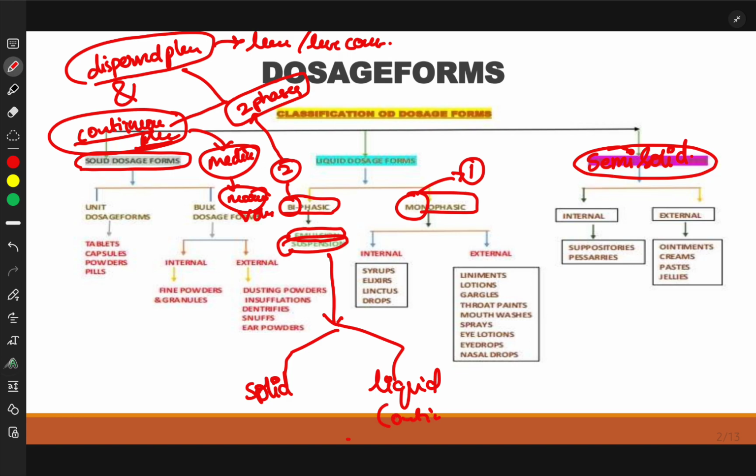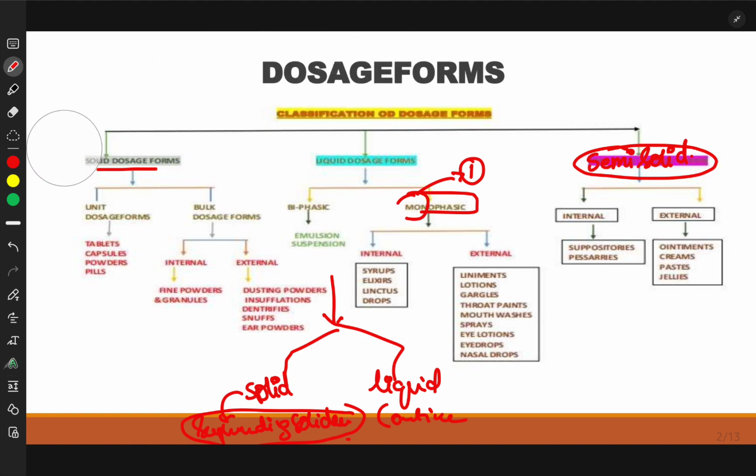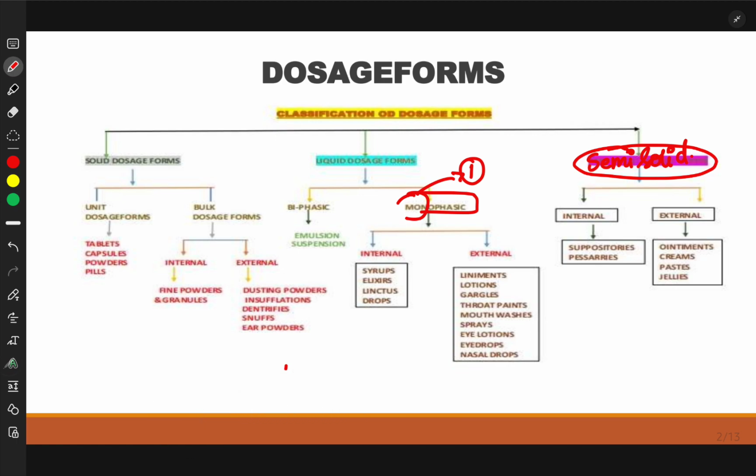Liquid is the continuous medium, and solid is the suspended phase. We'll cover each of these concepts in a dedicated video, because emulsions and suspensions are very important areas, very interesting areas to be questioned by GPAT or NTA. So we'll have dedicated lectures for emulsions, suspensions, solutions, and each and everything here. We are just introducing it, since it is an introduction section.